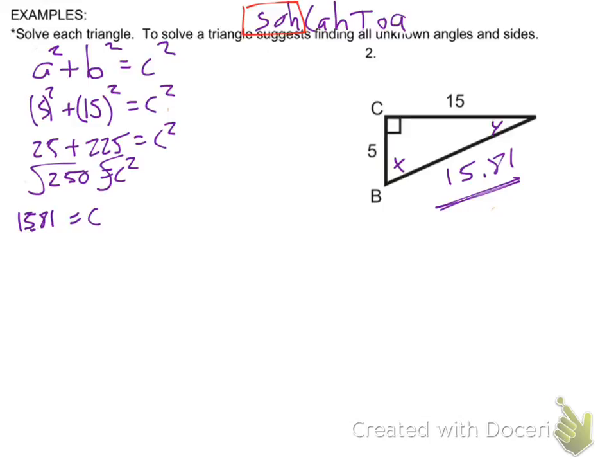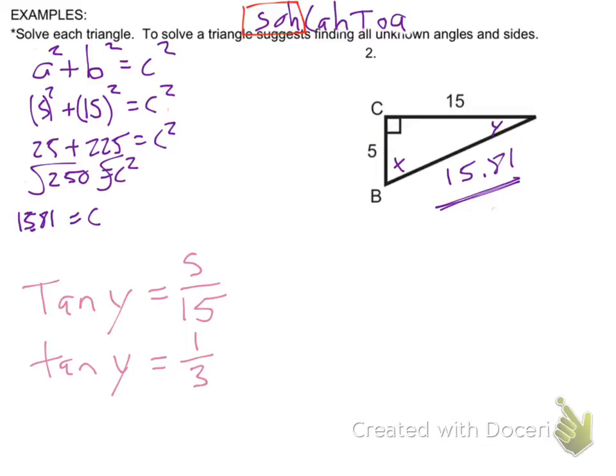Which trig function fits that mold? Tangent. So I'm going to use tangent. Of what angle? Pick one of y, okay. So we're going to go with y. Tangent of y equals the opposite, which is 5, over 15, which is adjacent. Or the tangent of y equals 1/3.